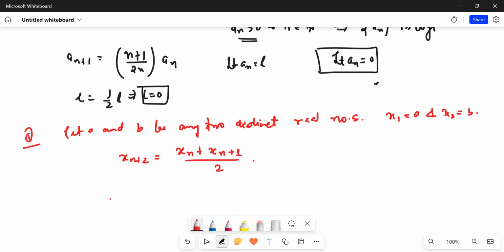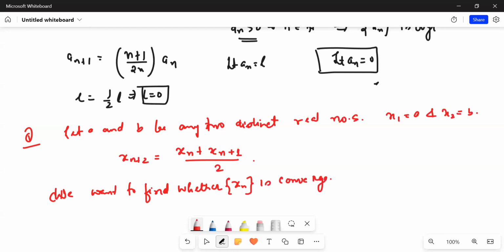And we want to find whether x(n) is convergent.